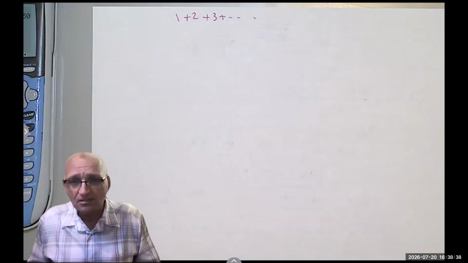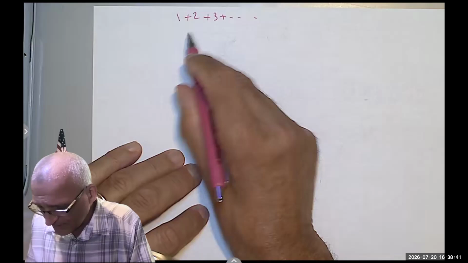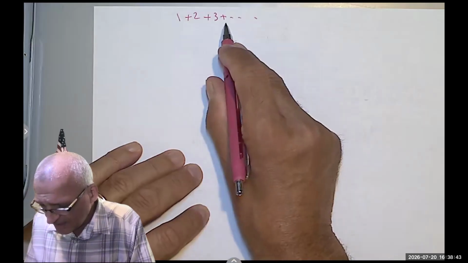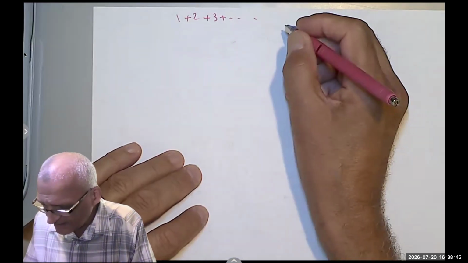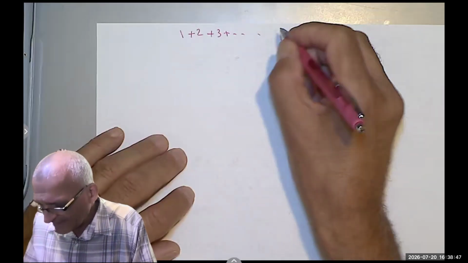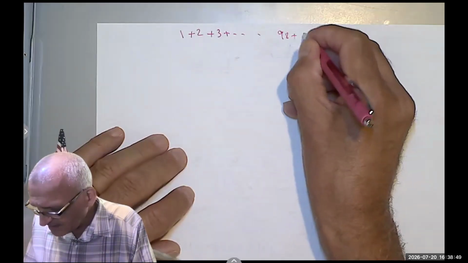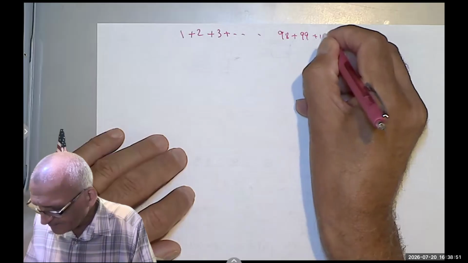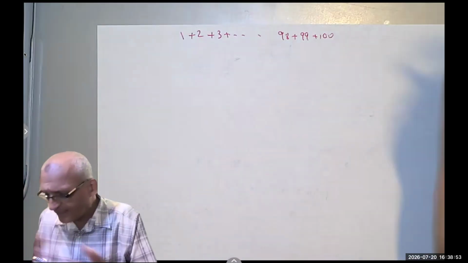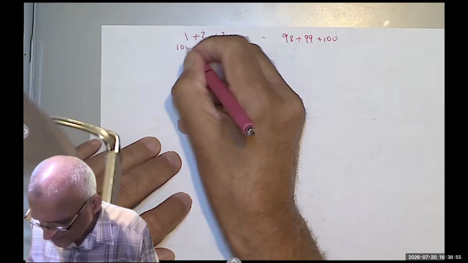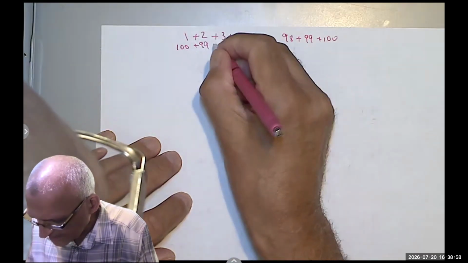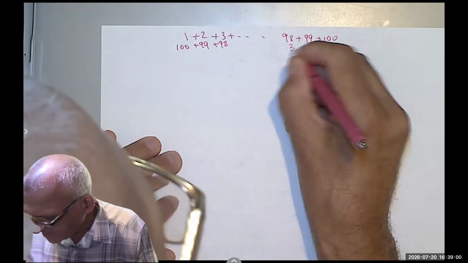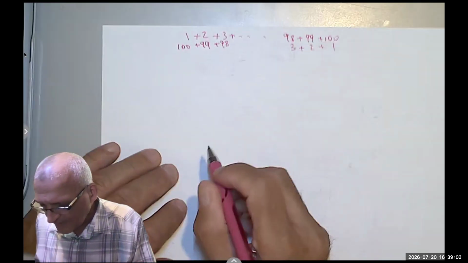He said, "Okay, sir." I started writing 1 plus 2 plus 3. And then I said, "Oh, at the end, I will have 98 plus 99 plus 100. And then I said, what if I write them backwards? So I write 100 plus 99 plus 98, and at the end, I have 3 plus 2 plus 1.